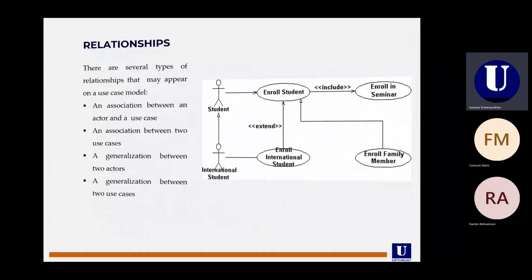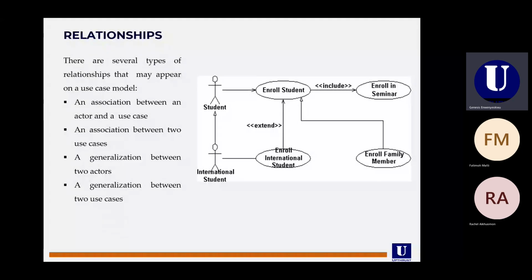And then the next component we'll be looking at are relationships. There are several types of relationships that may appear on a use case model. These relationships are basically arrows that help to show interaction between an actor and another actor, or the actor and the use case, or the use case with another use case.